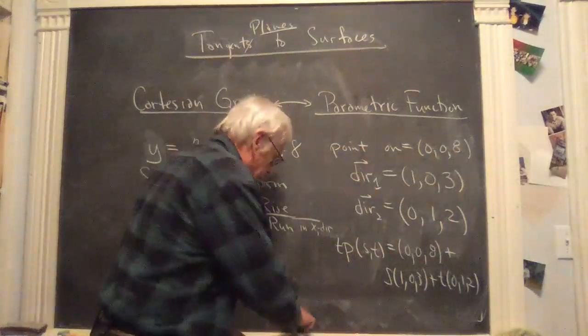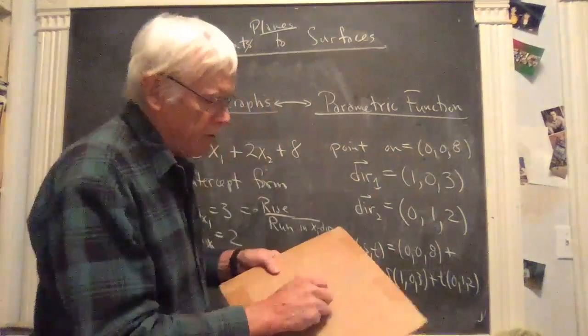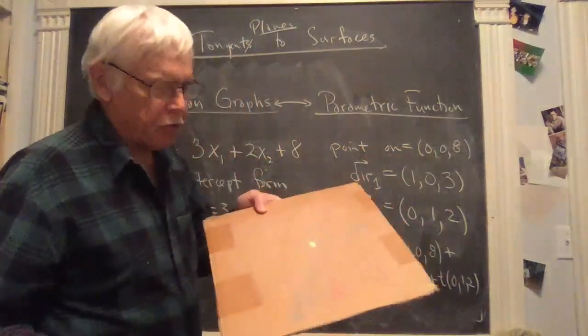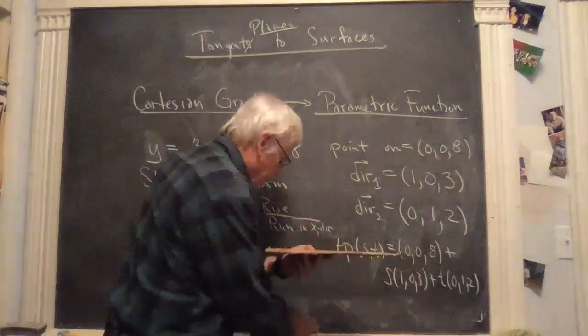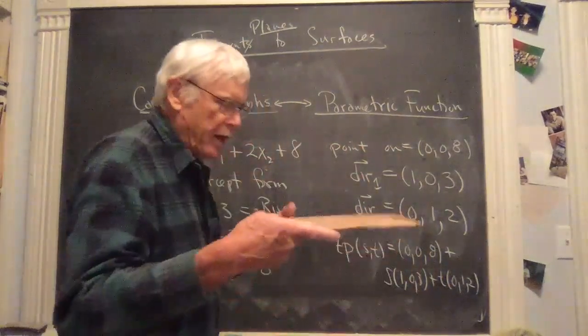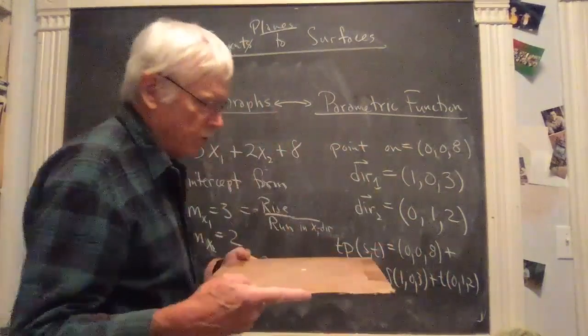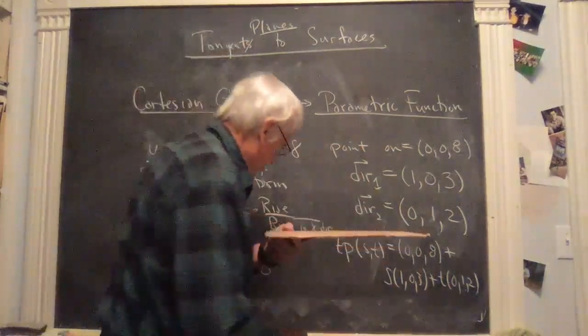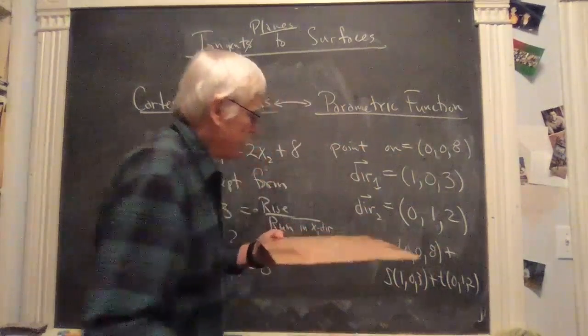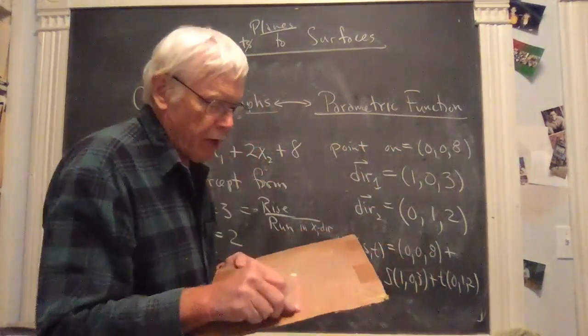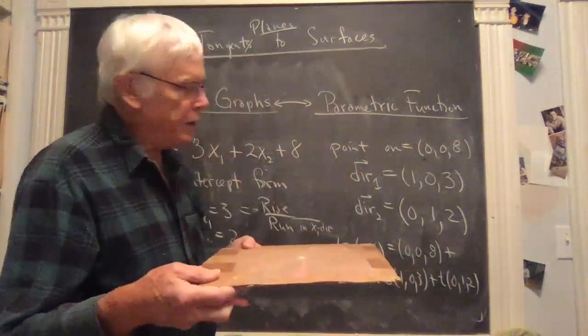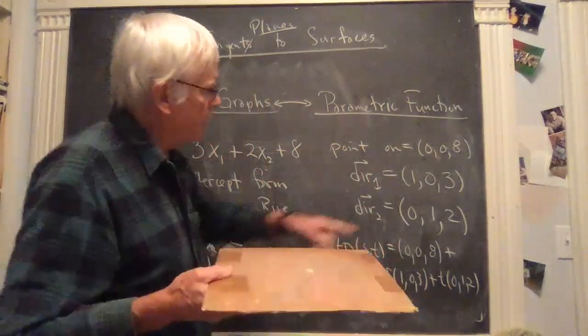So in this case, the point on it is the point 0, 0, 8. That's this green point. And that lies on the tangent plane. It's got a slope in the x1 direction, which points straight at you, but in that direction, the slope is 3.